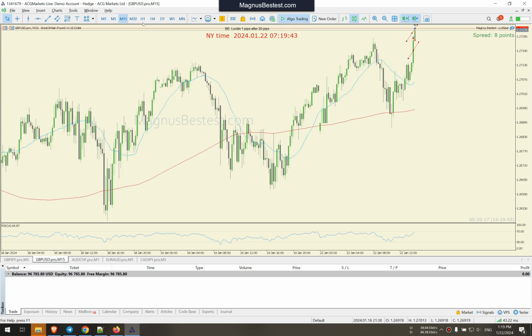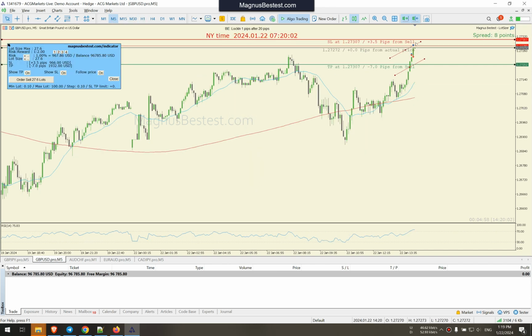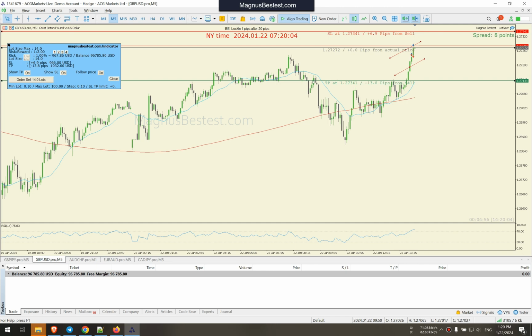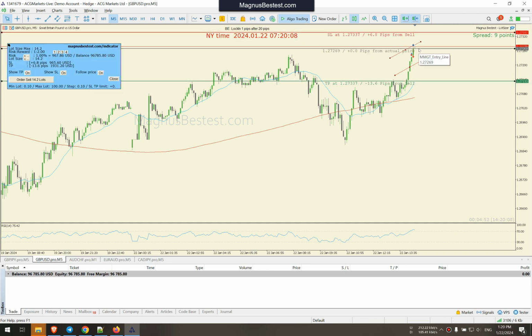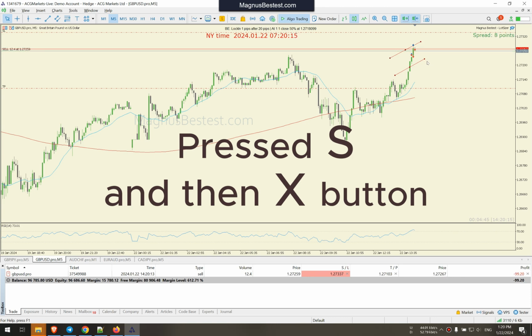So this was not an ideal trade because at the level here we have an order block. We need to have some space over here, of course. So now we will enter a trade. I just press S, stop loss here, X, I just press X, and we are in a trade.